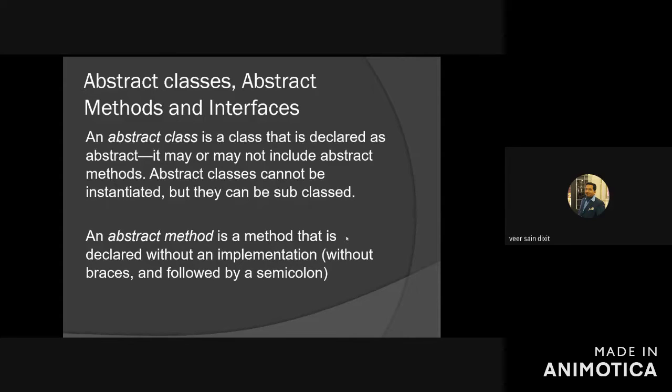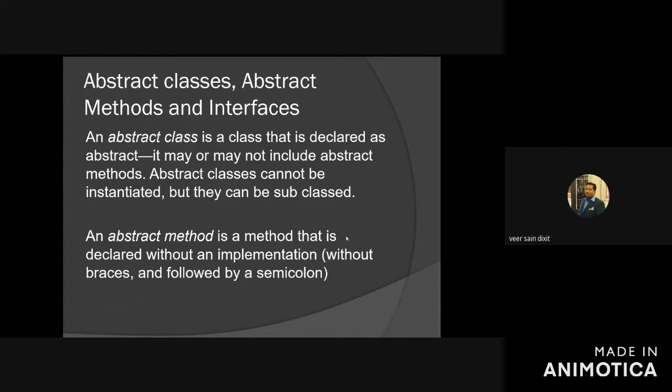Abstract classes are those classes in which abstract methods are there. An abstract method is a method which doesn't have any definition, only the declaration of the method. But in abstract classes, there can be abstract methods as well as concrete methods. What do you mean by concrete methods?